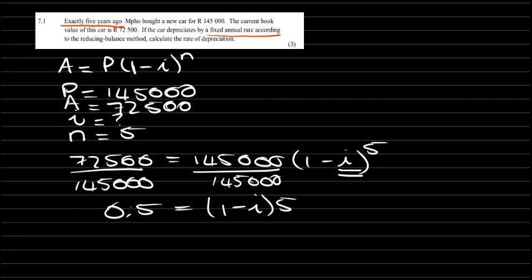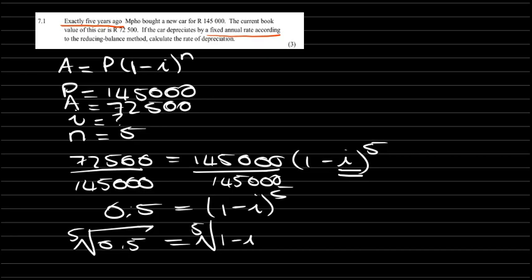Okay, so now we can see that we have this side raised to the power 5. So what do we do? We take the fifth root of both sides. The fifth root of 0.5 equals the fifth root of (1 minus i) raised to the power 5. This one and this one cancel, and we are left with 1 minus i.